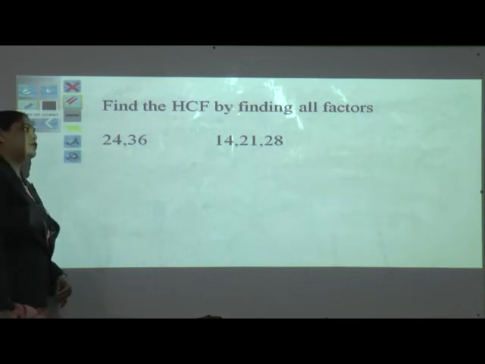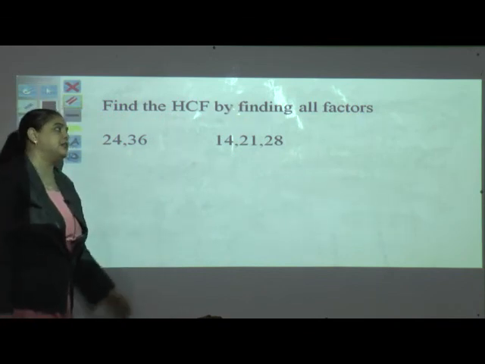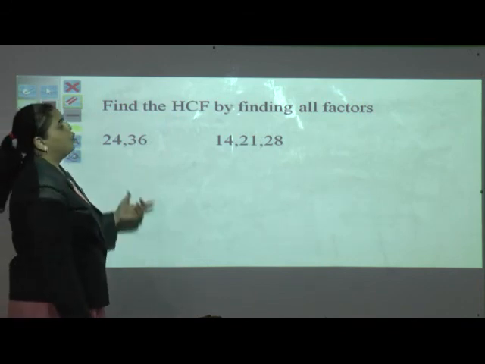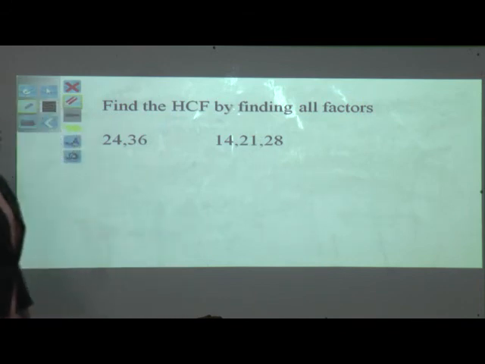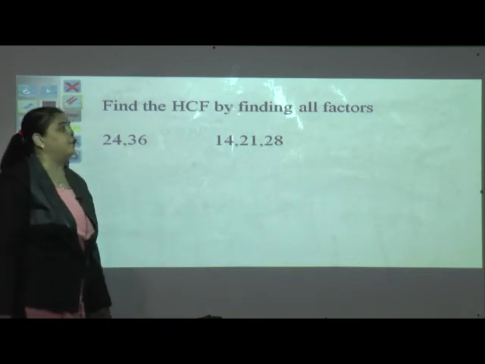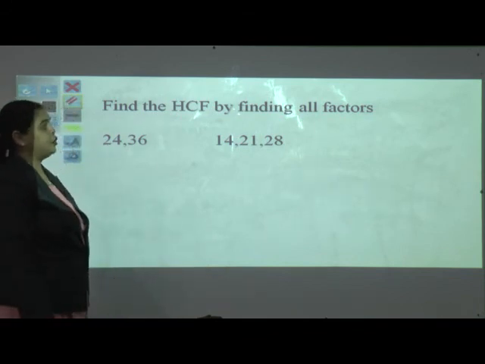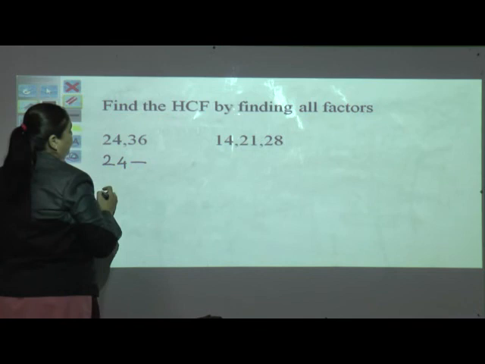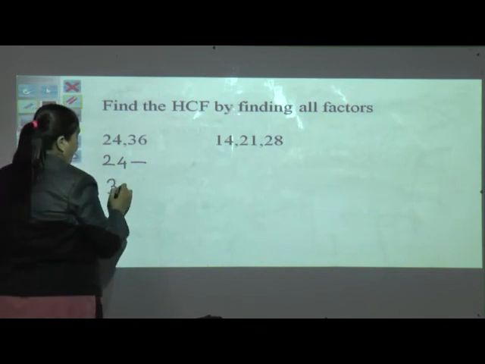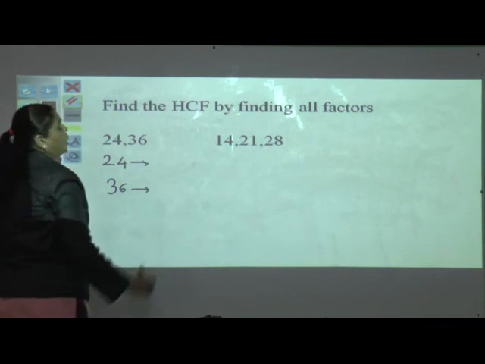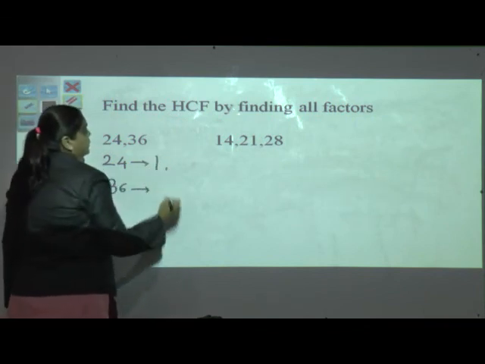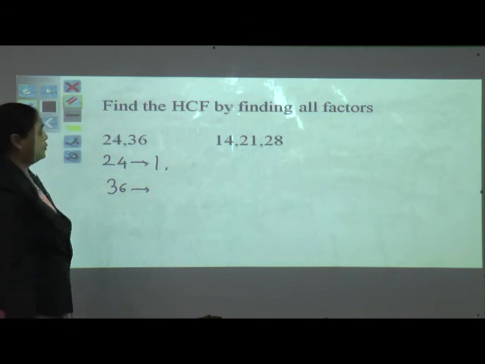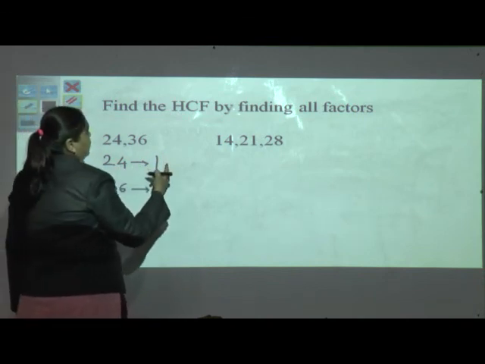I am giving small tricks, so please pay attention, so it will be easier to understand how to find the factors. We will find the factors of 24 and 36 by the prime factorization method. First, the factors of 24. Every number has 1 as a factor. Then 2, as it is an even number.